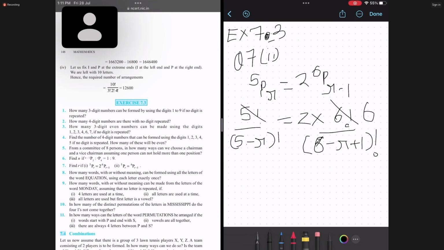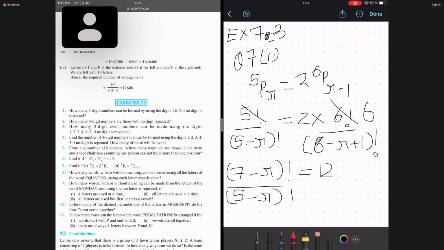This becomes just 6, and subsequently what you are left with is 2 into 6 equals (7 minus r) factorial upon (5 minus r) factorial equal to 12. Correct.